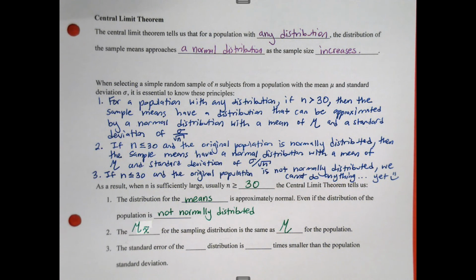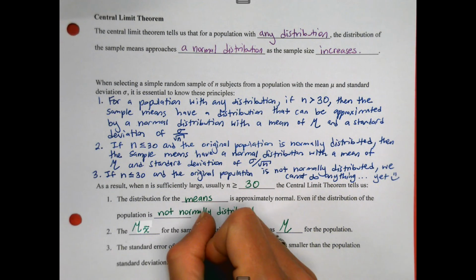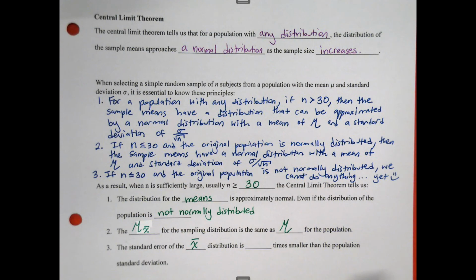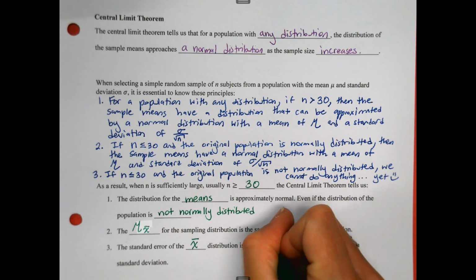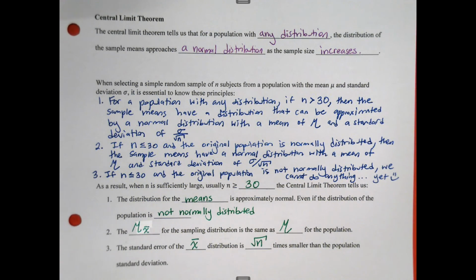The standard error of the means distribution is the square root of n times smaller than the population standard deviation. That's why we have to divide by the square root of n.